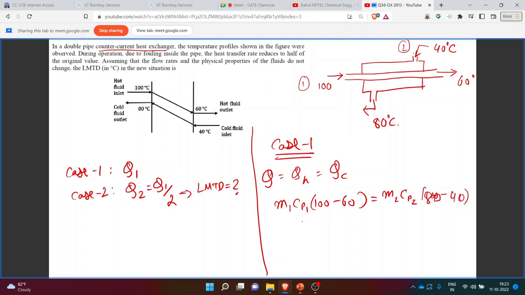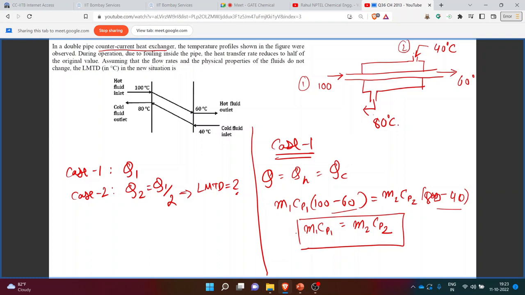This difference is also 40, so we will have M1 Cp1 is equal to M2 Cp2.